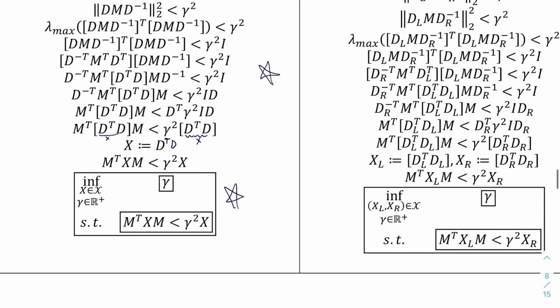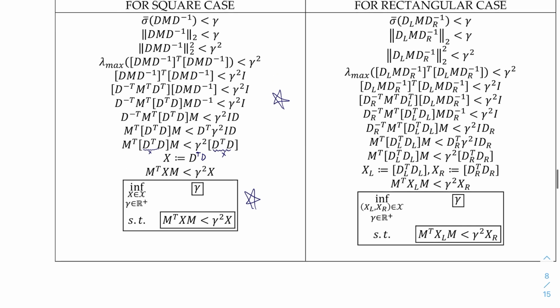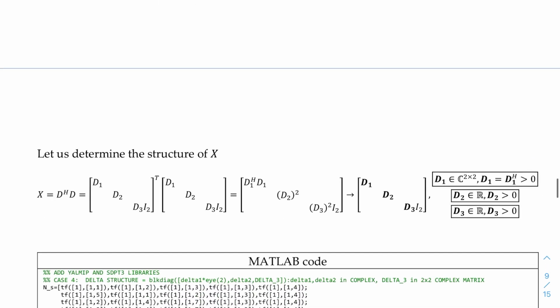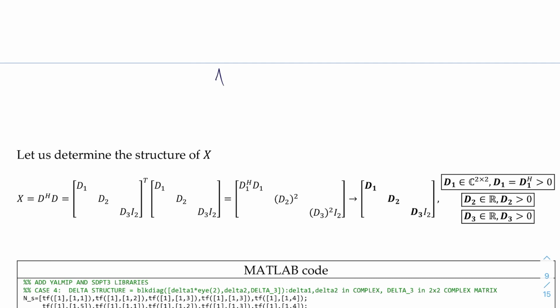We are just correcting a typo in real time. So what was our algorithm? Structure of delta, and then structure of D, and then structure of X, right?